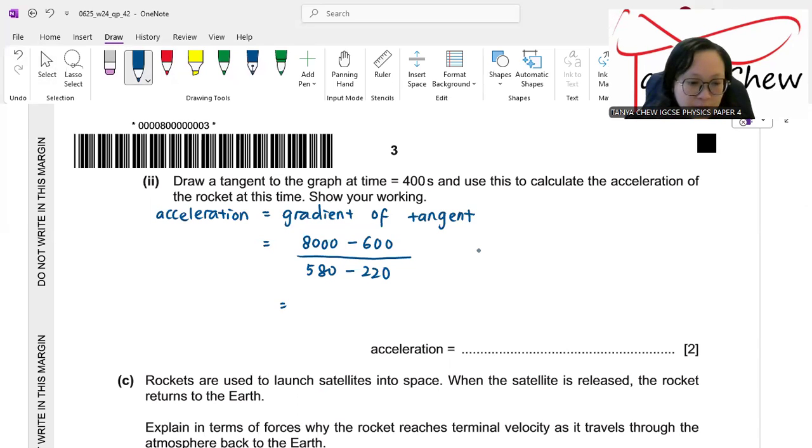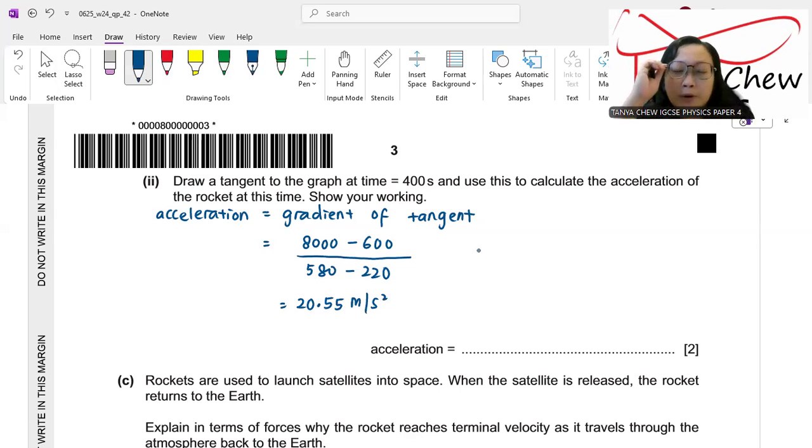8,000 minus 6,000 divided by 580 minus 220. And I got 8,000 minus 600. I'm so sorry, I minus 6,000. That is why I didn't get the nice value of 580 minus 220. And that will be 20.55 meter per second square.